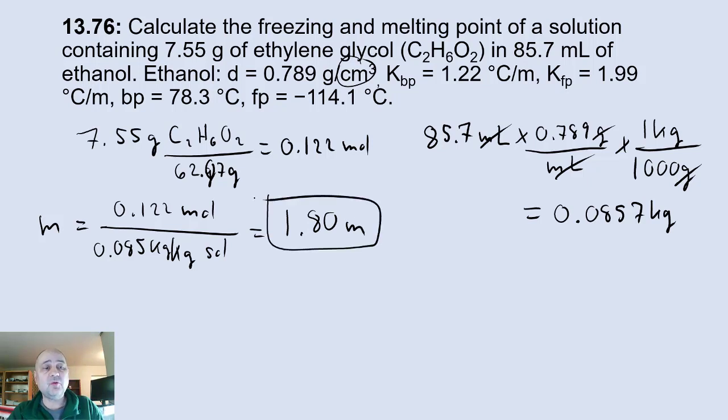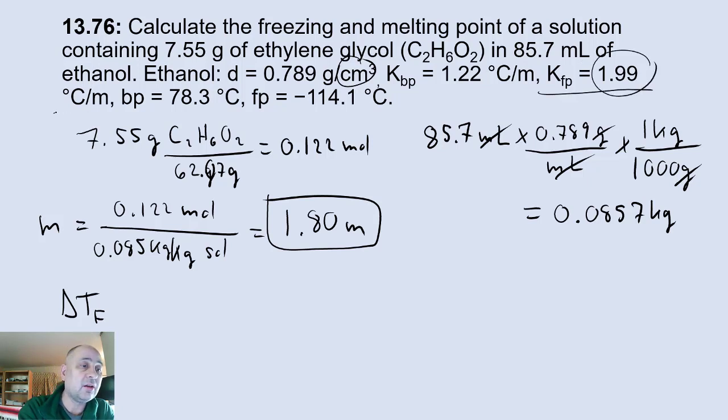Great, so all we have to do now is calculate the change in temperature of the freezing point. I am giving the constant here, 1.99 degrees per molal. We multiply that by 1.80.